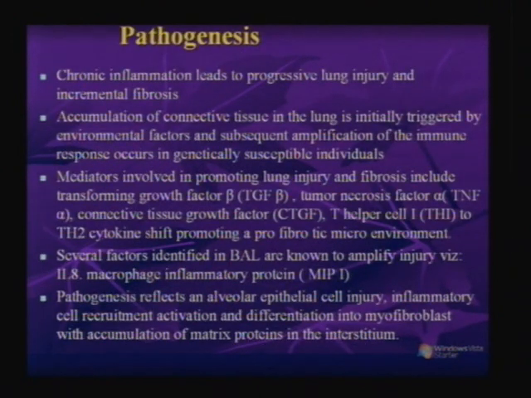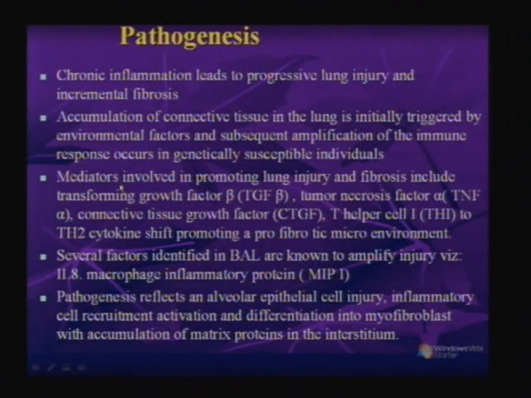Now, coming to the pathogenesis, chronic inflammation leads to progressive lung injury and incremental fibrosis. Accumulation of connective tissue in the lung is initially triggered by environmental factors, and subsequent amplification of the immune response occurs in genetically susceptible individuals.